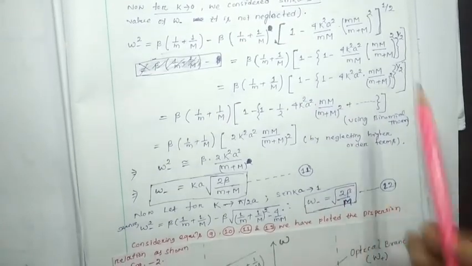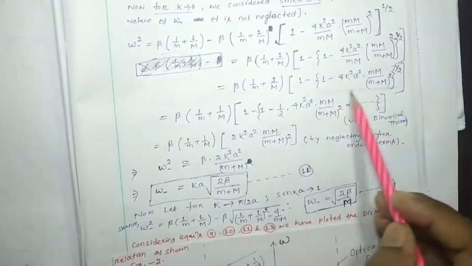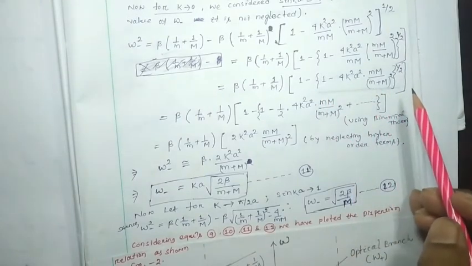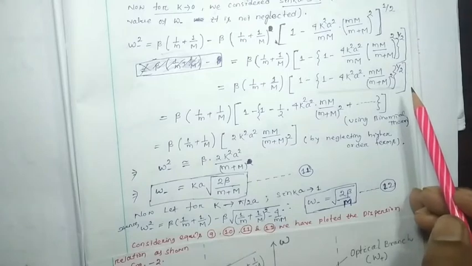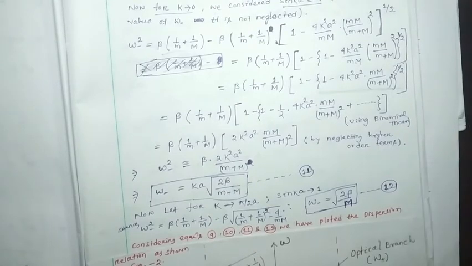So now this is in the form of 1 plus x to the power n. So we can use the so-called binomial expansion.